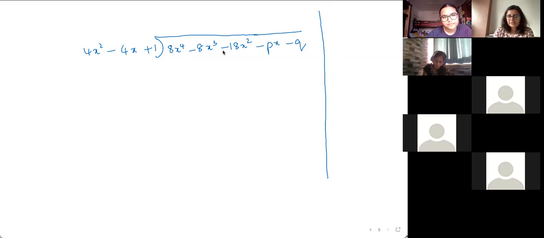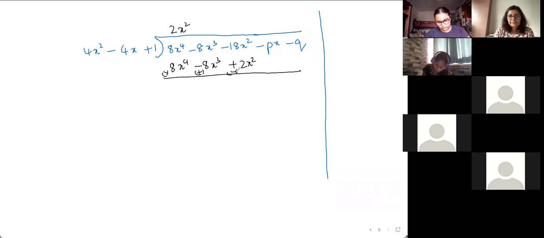So the first term, I think up to here you might have been able to manage. 2x squared will be 8x power 4, 8x cubed, plus 2x squared. Oh, this also got cancelled. Okay.